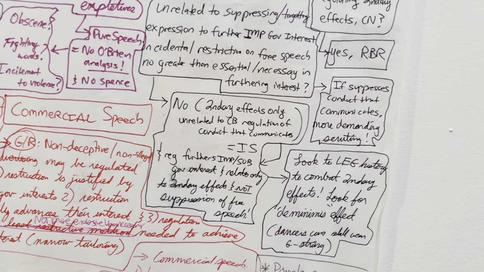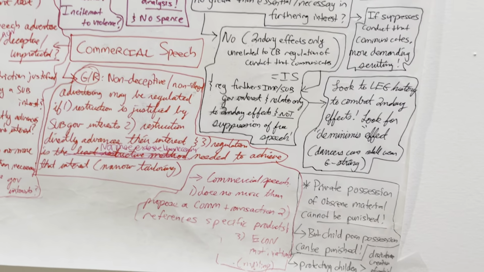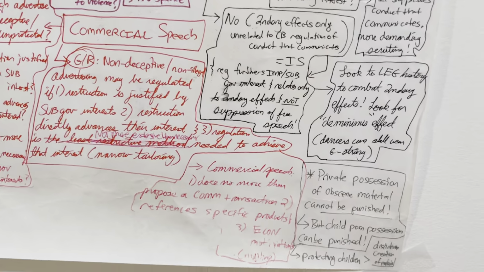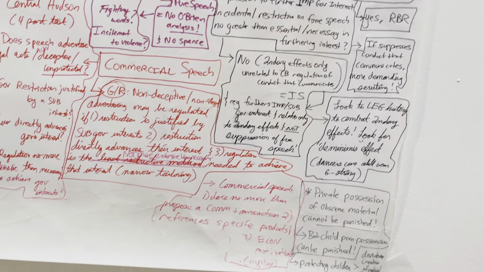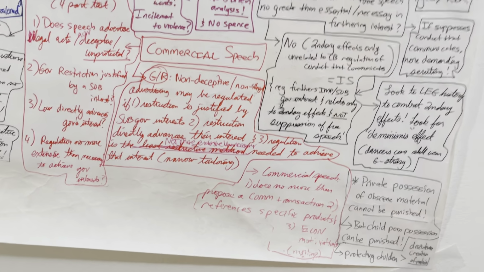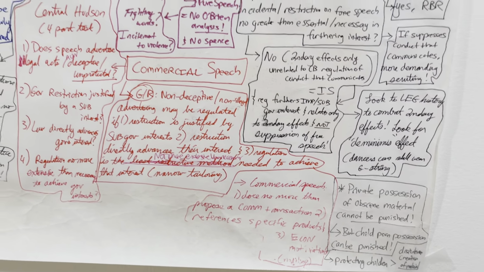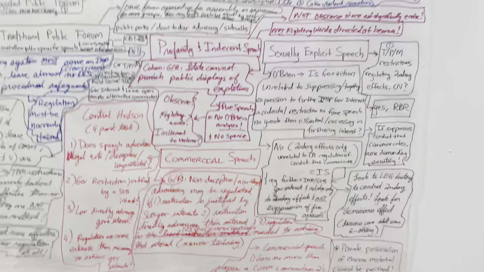Dancers can still wear other garments, even if they're not fully nude, and private possession of obscene materials cannot be punished. However, that's distinguished from forms of materials which endanger children, as we have written there, because protecting children is an important interest. It disincentivizes the creation of that material. So remember, looking for the secondary effects.